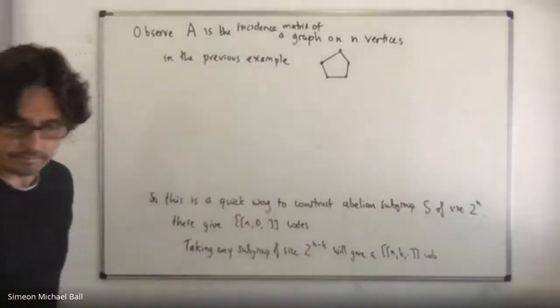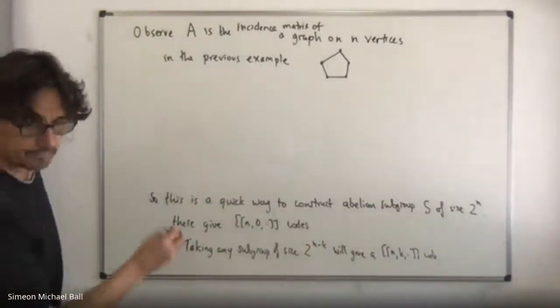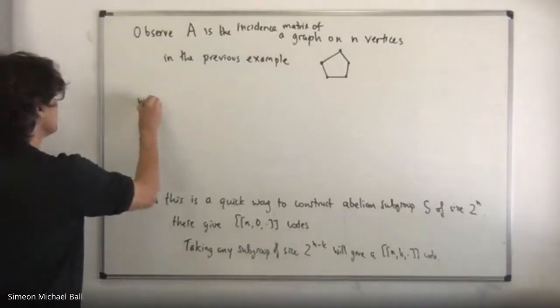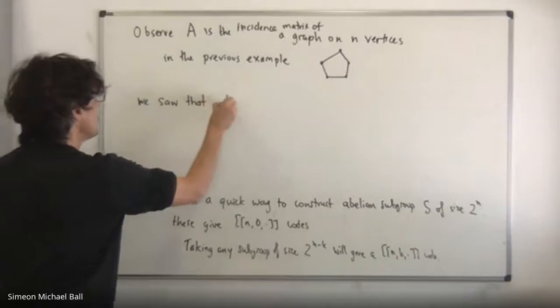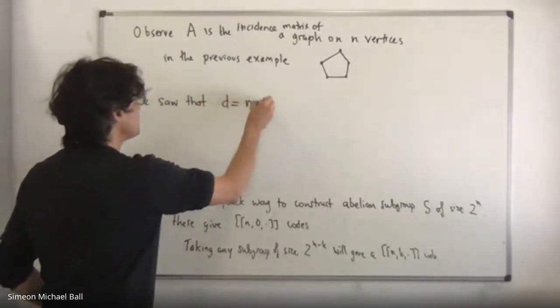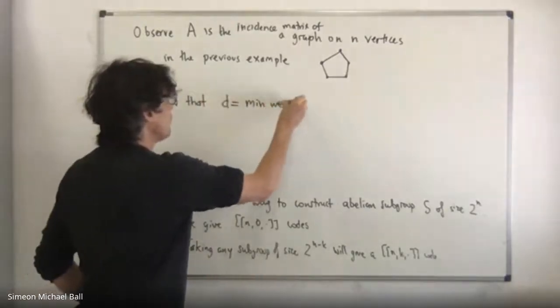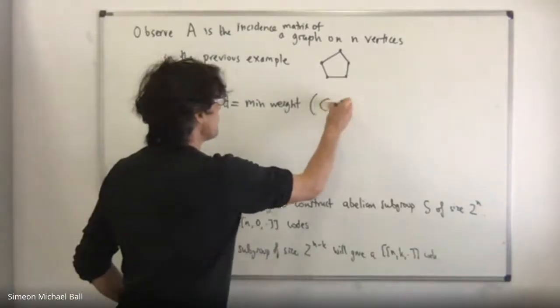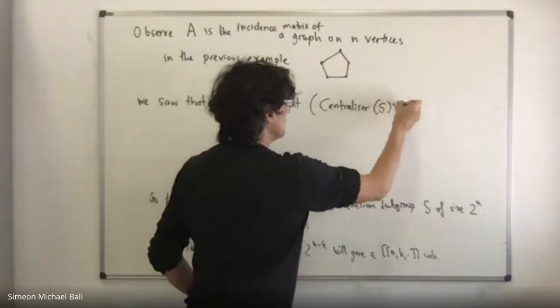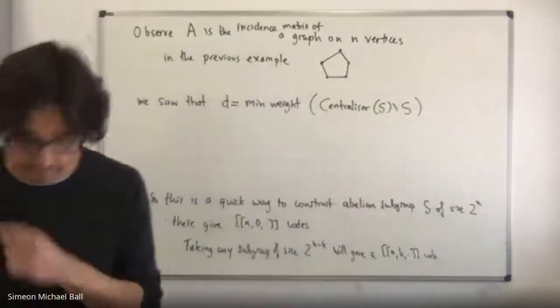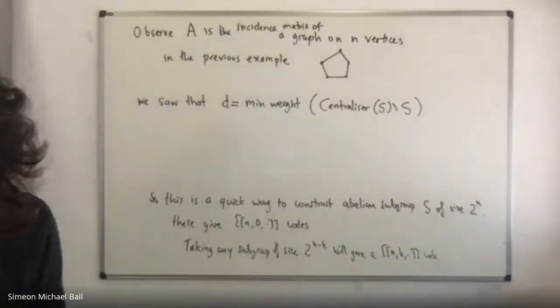So we saw that D was the minimum weight of the elements in the centralizer of S. So what we want to do is find out where the centralizer is.